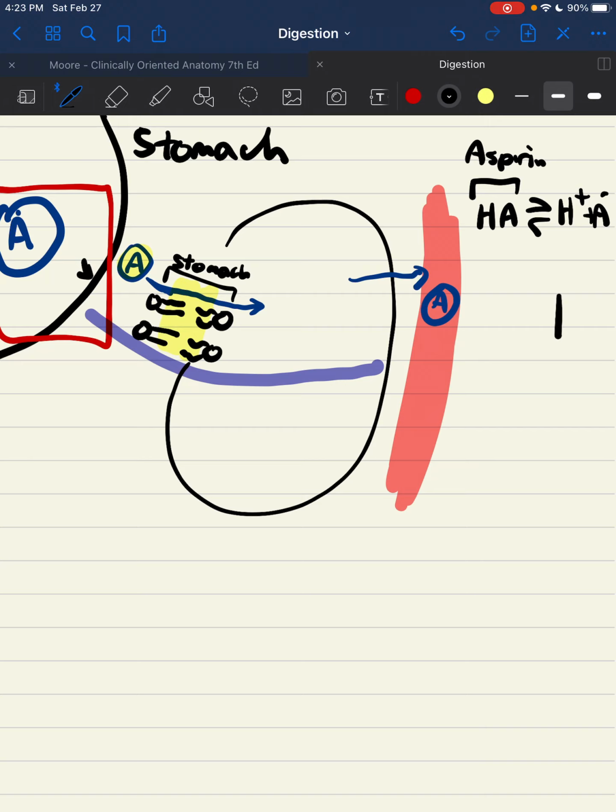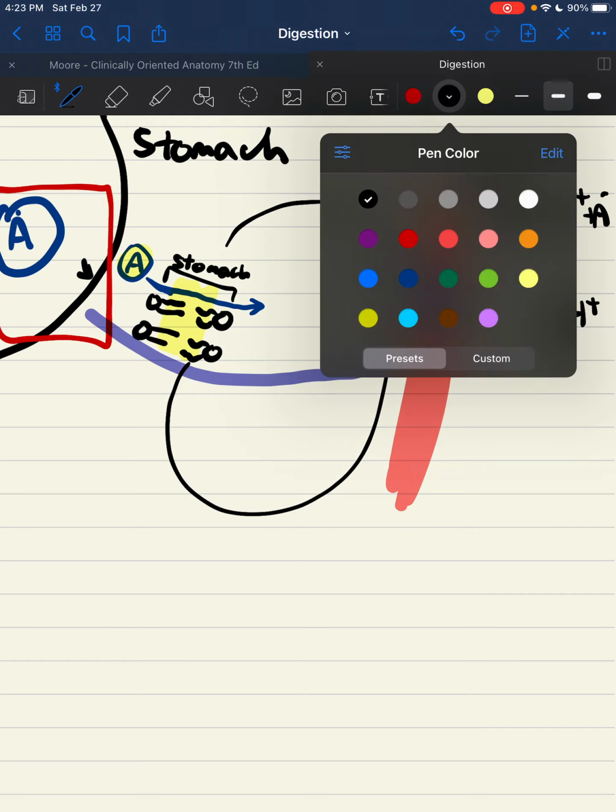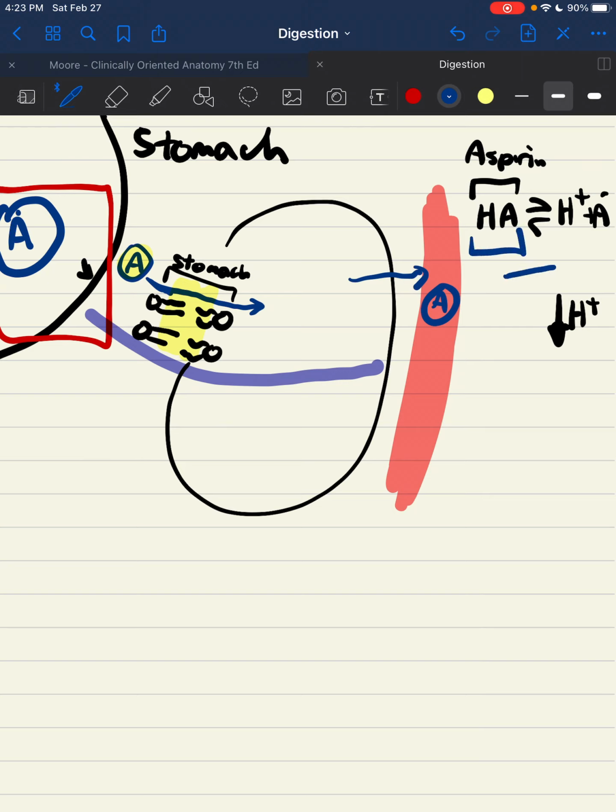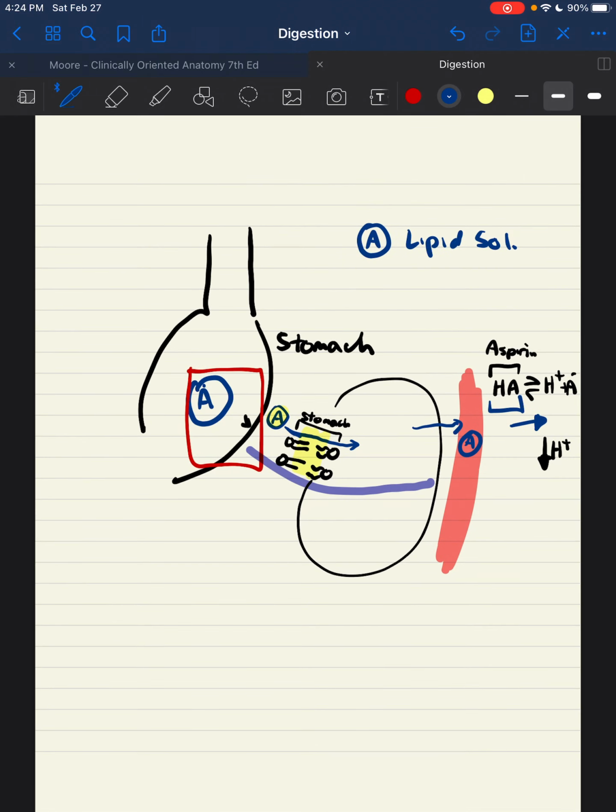So if you have a decreased amount of protons in the bloodstream, this aspirin will shift to the right and be in its dissociated form and go right through the bloodstream. Isn't that really nice how we can make use of Le Chatelier's principle, acids and bases, and also how medication is absorbed into our bloodstream? In the next video, I'm going to go into Le Chatelier's principle.